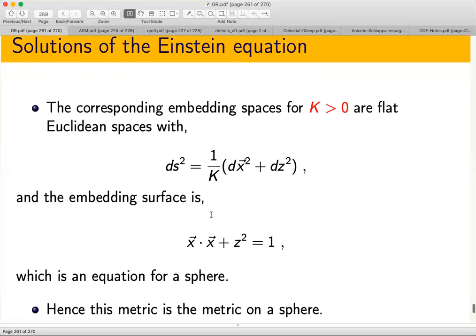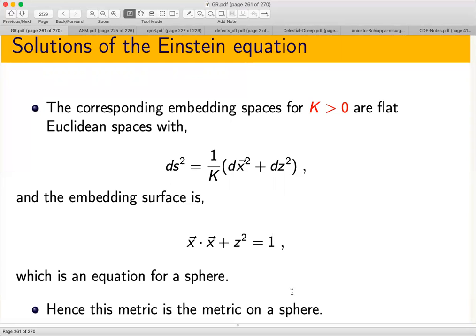And the embedding surface equation would be just x dot x plus z squared equals 1. Remember, it was multiplied by C alpha beta times k. But C alpha beta times k simplifies, because C is 1 over k times delta alpha beta. So that 1 over k cancels out, particularly for k greater than 0, where mod k and k are the same. And delta alpha beta is just soaked up into this dot product.